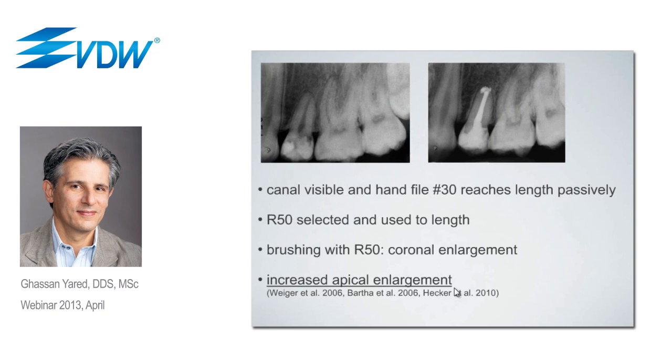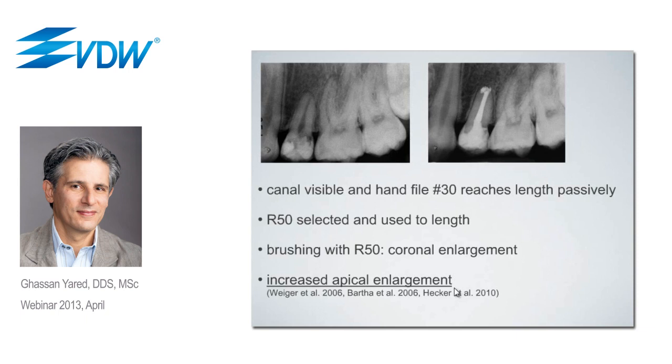This is another case that I showed earlier, where the canal is visible from orifice to orifice. A test was done with the hand files. The 30 hand file went very passively here, easily to the working length, and R50 was used for the canal preparation exactly in the same manner.